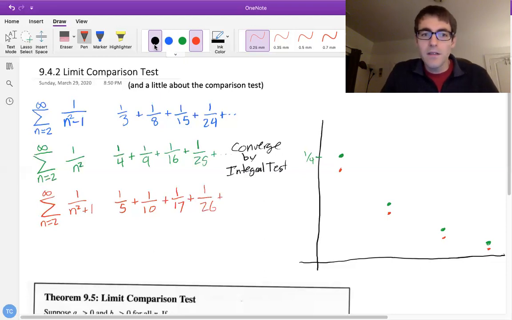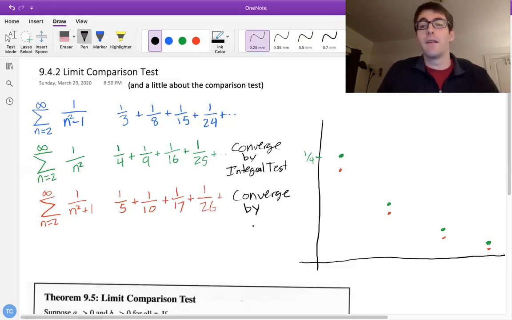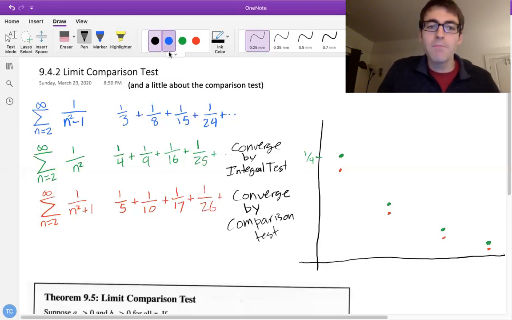So this red series is going to converge by just the comparison test that we saw in the last set of videos. Okay, but this video is about a different test, the limit comparison test.